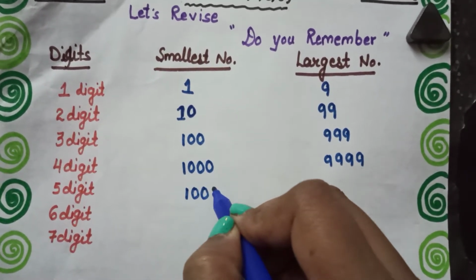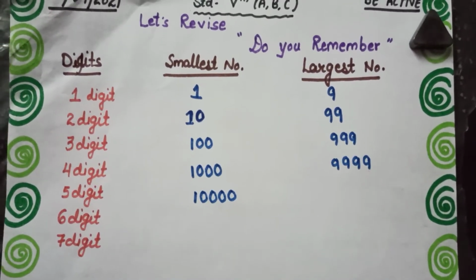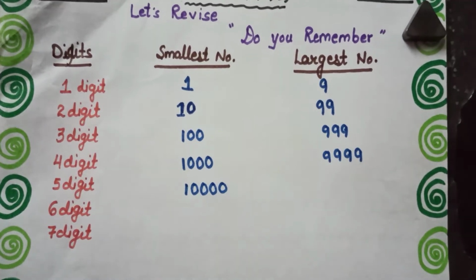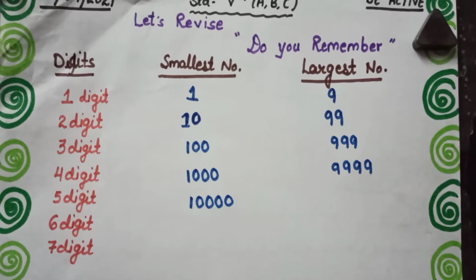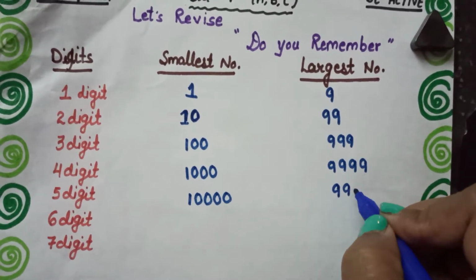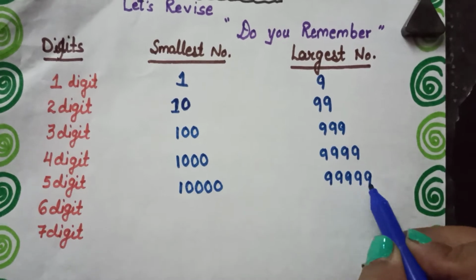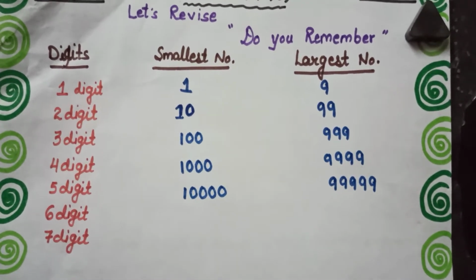Now the smallest number of 5 digit is 1000 and 0, and we will call it 10,000, right? And the largest number of 5 digit is 9999 and 9. It means we will write down 9 five times.